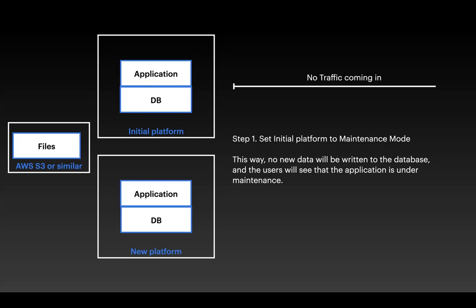This way, no new user-generated data will be stored in the database. And this is very important because while you migrate, you don't want new data to be generated. So you stop any traffic coming in. You have right now the existing application, the initial platform, that is used by users, but no one is actually touching it anymore.